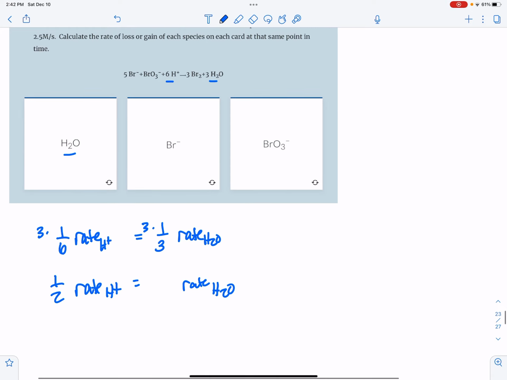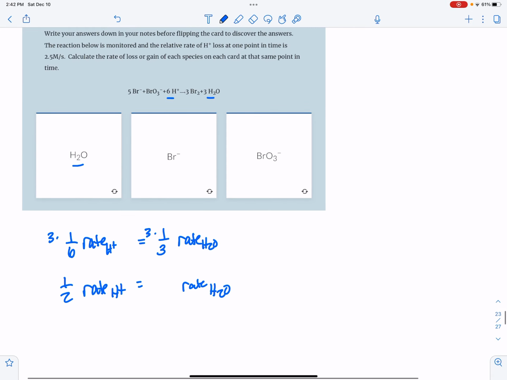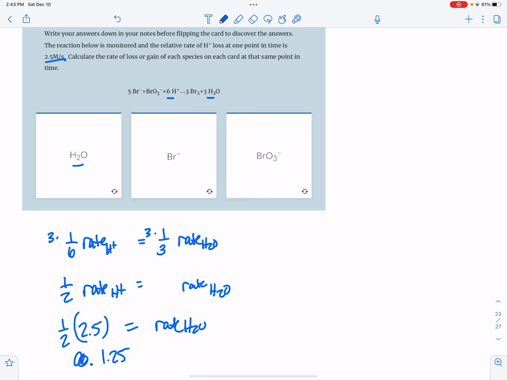And so it tells me it's 2.5 right up here. 1/2 times 2.5 equals the rate of water. So it's going to be 1.25 molarity will be the rate of the water.